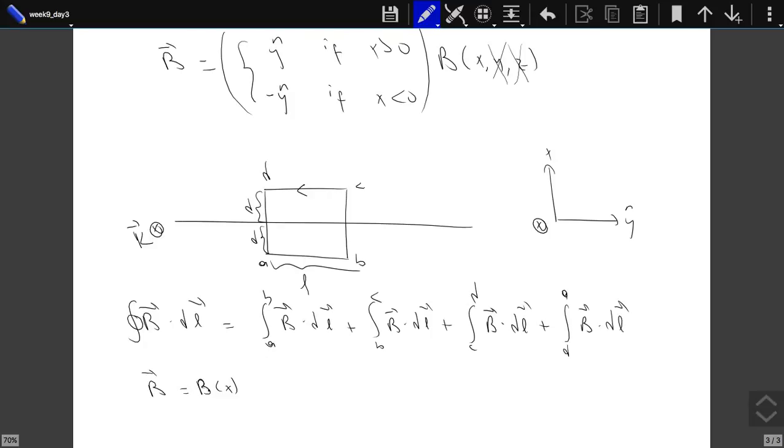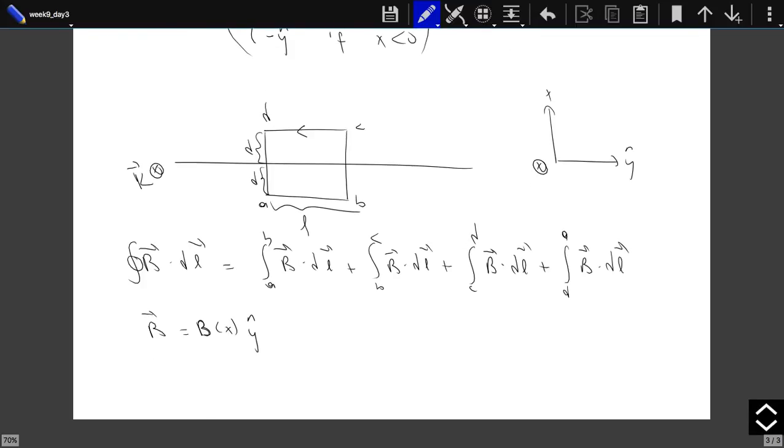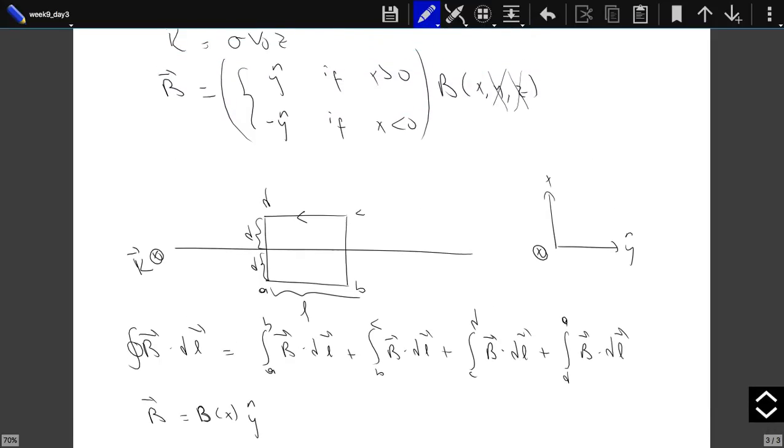It depends on x in the y-hat direction. So as we go from B to C, the dl is perpendicular to the y-hat direction, so this is 0. From D to A, B and dl are perpendicular to each other, that is also 0. So from A to B, it is B at minus d times L. That is the integral from A to B.